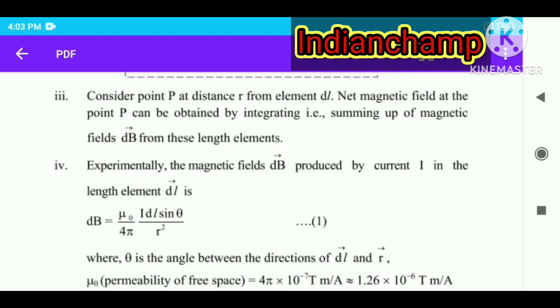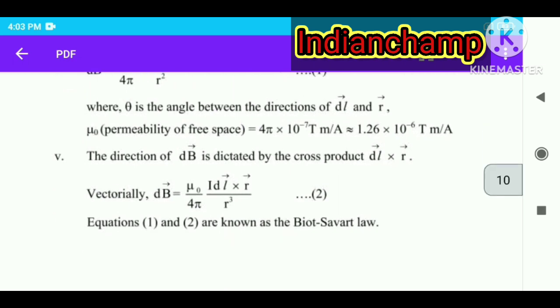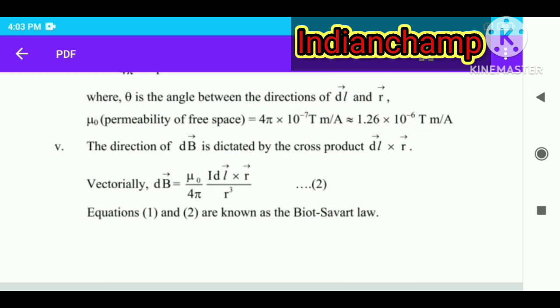Equation first, where theta is the angle between the direction of dl bar and r bar. Mu 0 is the permeability of free space, equal to 4 pi into 10 raised to minus 7 T m per A, approximately 1.26 into 10 raised to minus 6 T m per A. Fifth, the direction of dB bar is given by the cross product dl bar into r bar.